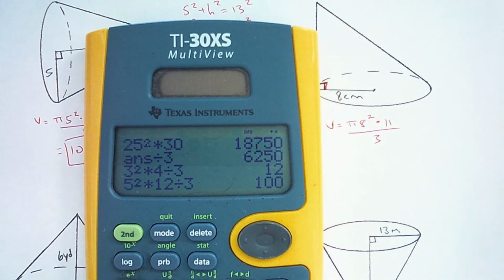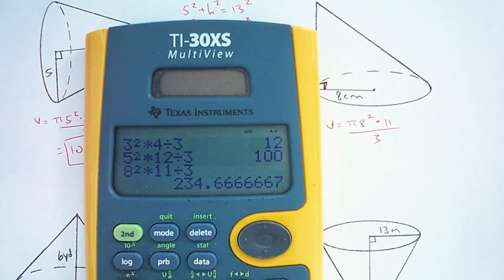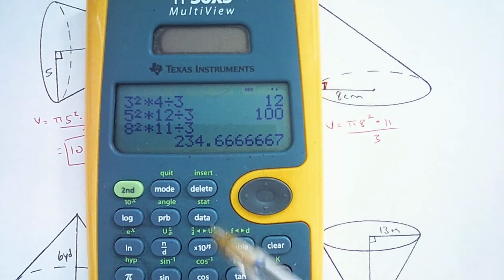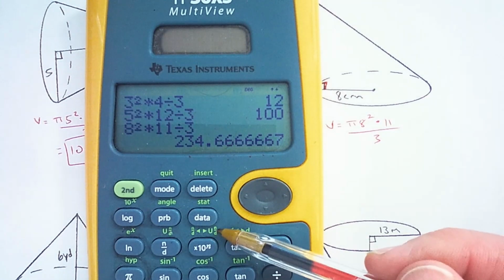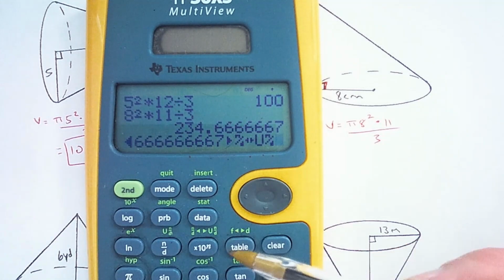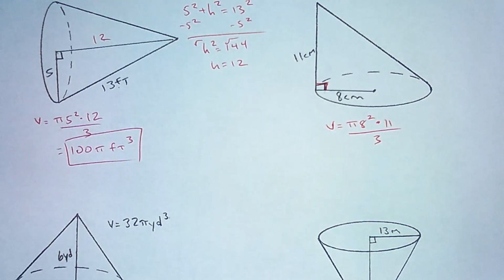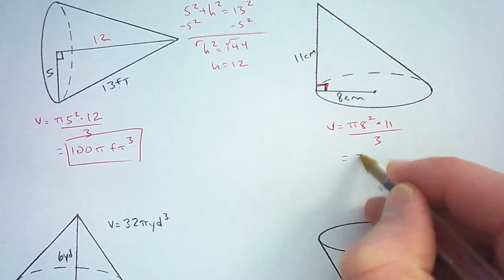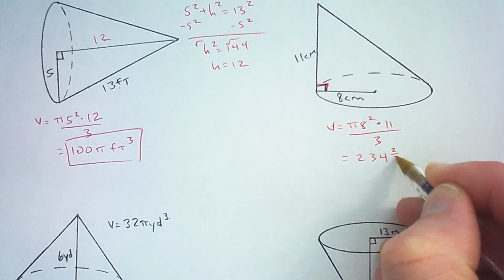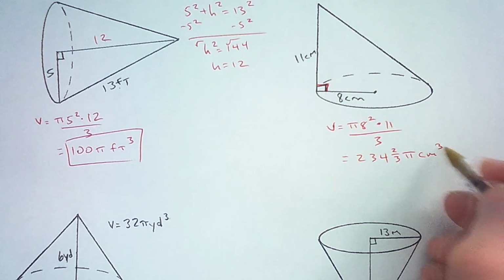So we have 8 squared times 11 divided by 3, and I'm going to use this button right here, so second, and then this will give me a mixed number. So I have 234 and 2/3. So the volume is 234 and 2/3 pi centimeters cubed.